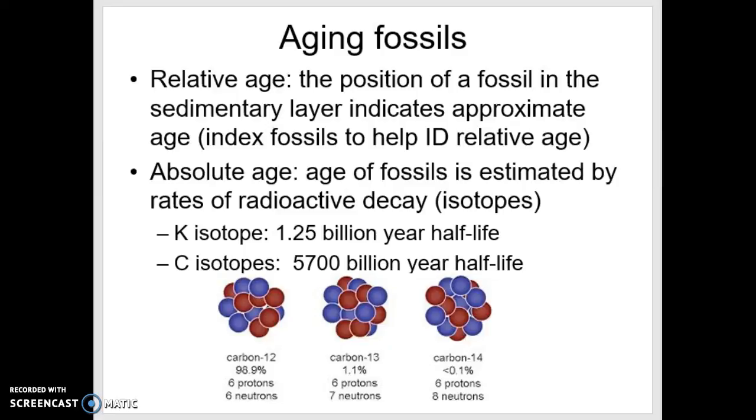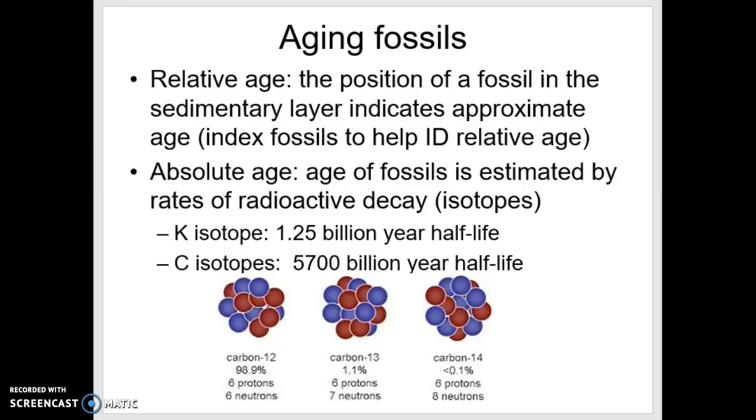So making it just simple numbers, if we were trying to study the half-life and we had 100 units of carbon starting out, it would take 5,700 billion years to reduce it in half to 50 units of carbon. Another 5,700 billion years to reduce it in half again to 25 units, and so on and so on.